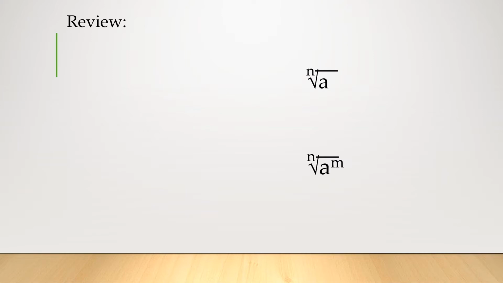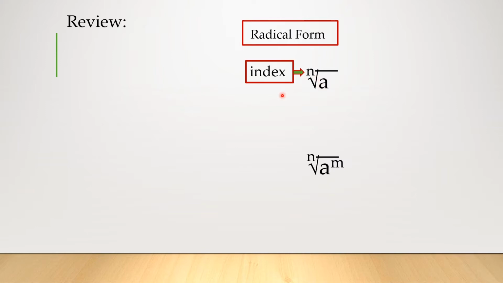Let's have a review about expressions in radical form and how to write the radical form in exponential form, wherein the exponent is a fraction. I have a video about this so you can watch it also. Okay, so here n is what we call the index and a is what we call the radicand.